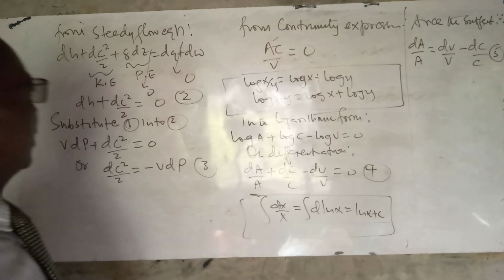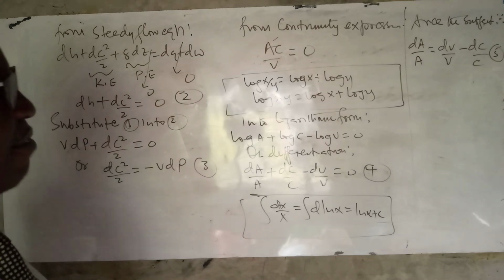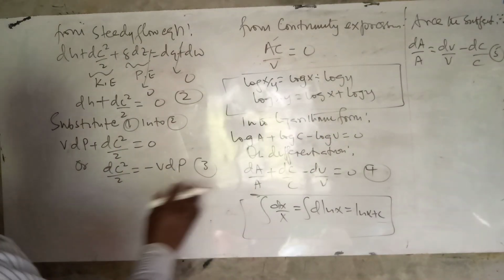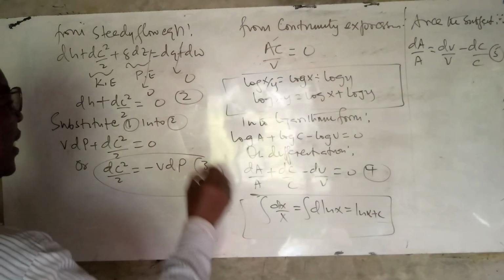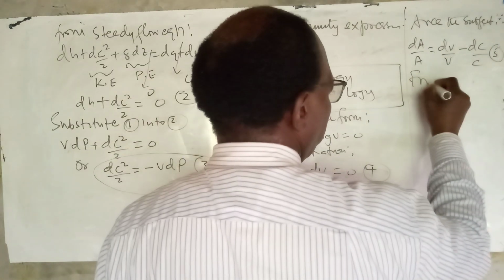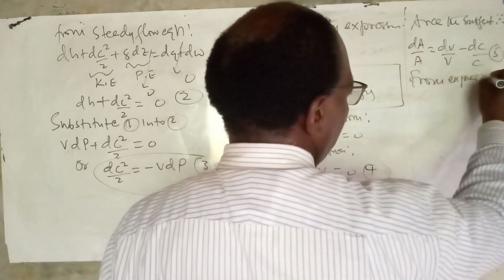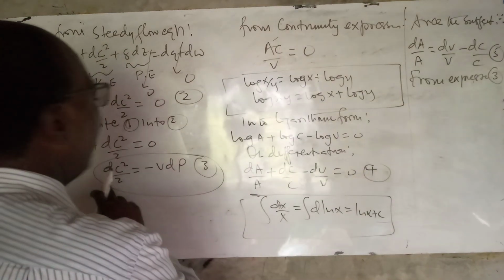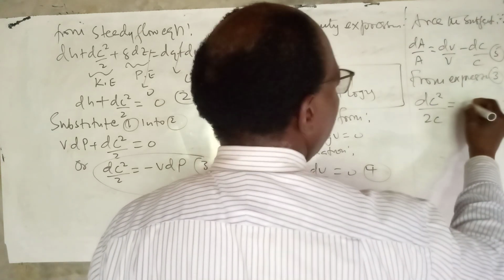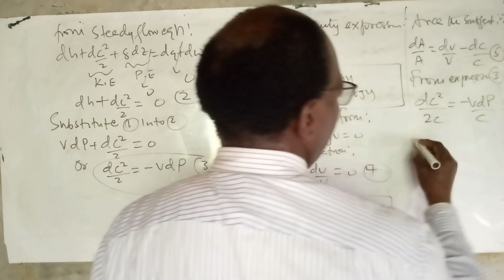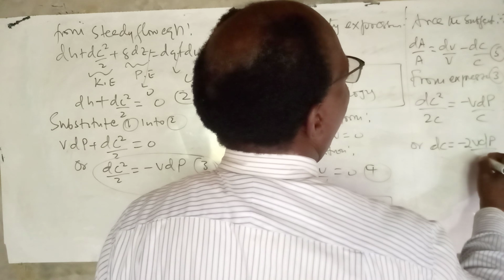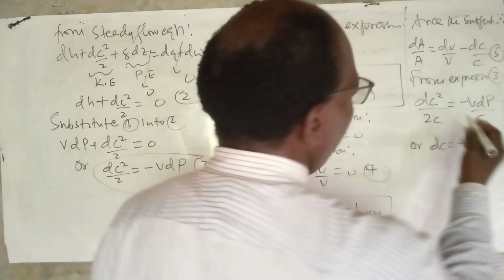Now we can use expression 3 to obtain the expression for velocity dC. From expression 3, if we divide both sides of that equation by C, we have dC is equal to minus V dP over C. Let's call that expression 6.